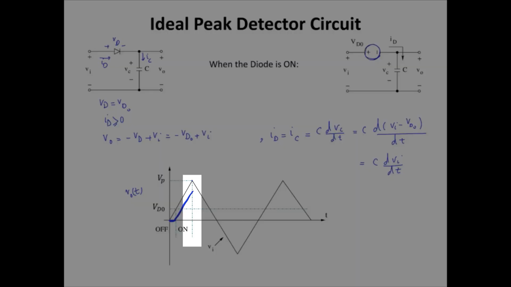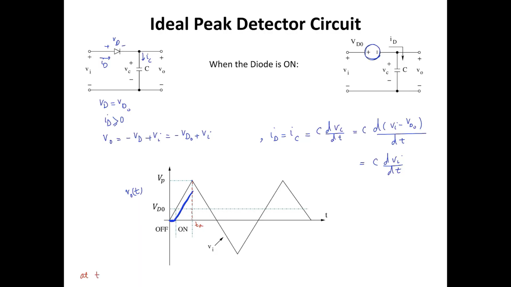Now at this time point that I'm going to label as t sub a, at t equal to t sub a, I have Vi equal to its peak value, V peak, and Vc equals V peak minus Vd0.